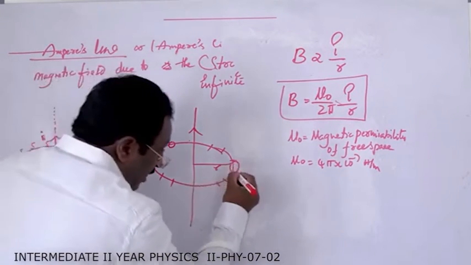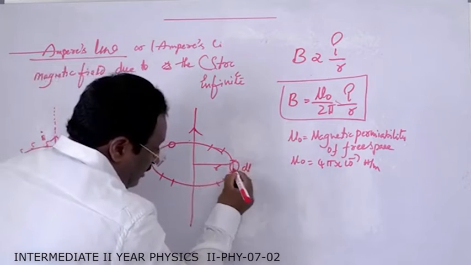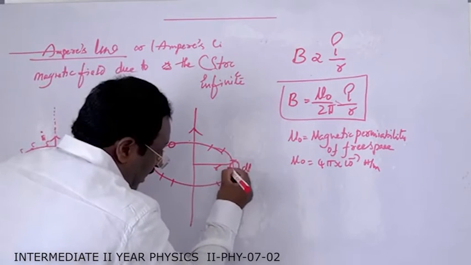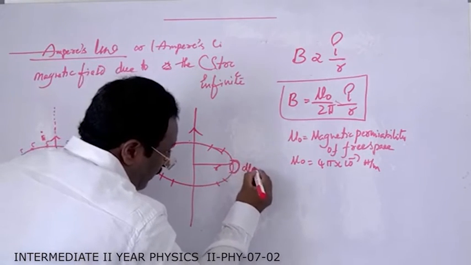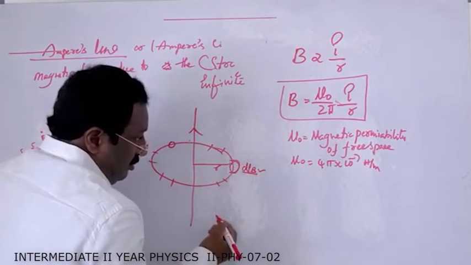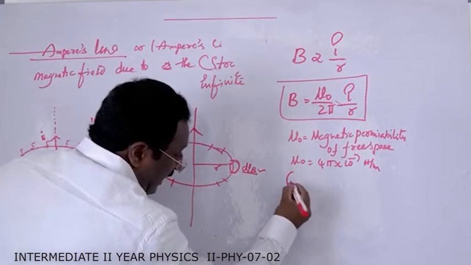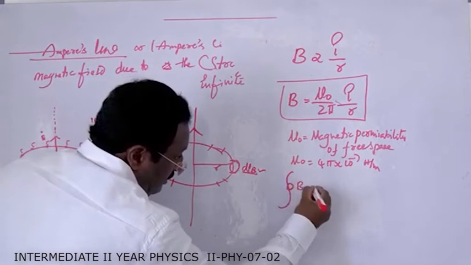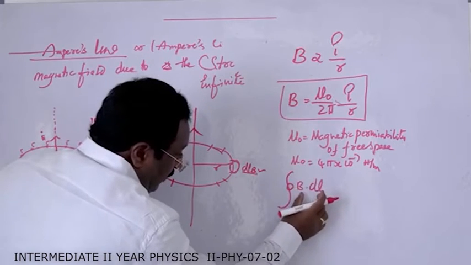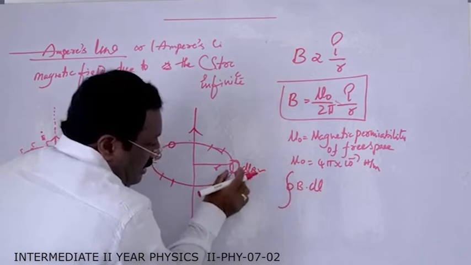Now take the length of this element as dl. The magnetic field at this element is B, so we take the line integral of B dl.